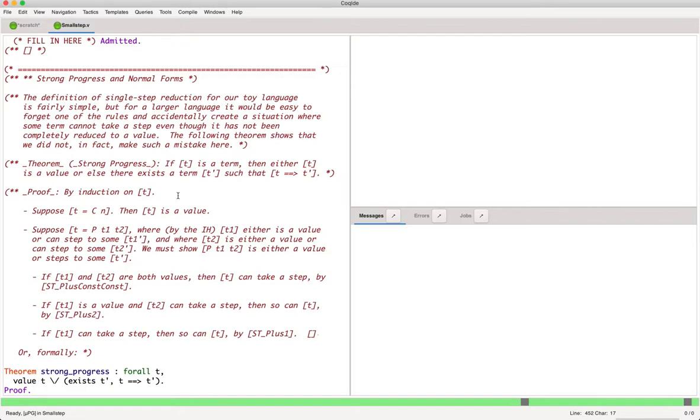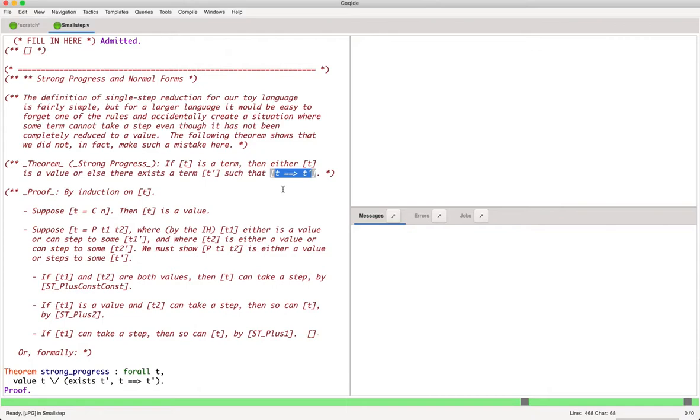One way of expressing that constraint is something called strong progress, which basically says either the term we've got is a value, in other words we've finished evaluating, or there's another term, t prime, such that we can make a step from t to t prime. In other words, we've either got to a value or we can continue to make progress by making steps.